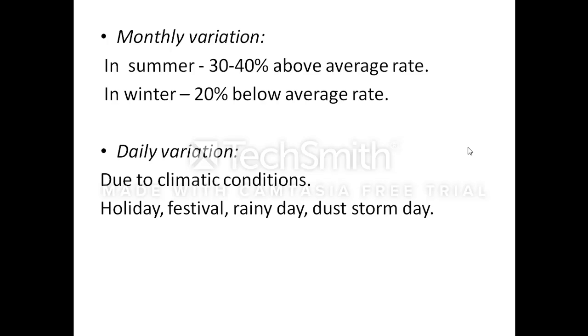As in summer, more water is required for drinking, bathing, air conditioning, etc. Now, the daily variation. The rate of demand changes from day to day. Like you may use more water on holidays, festival days, dust storm days to clean the houses, and less water may be used during the rainy day.